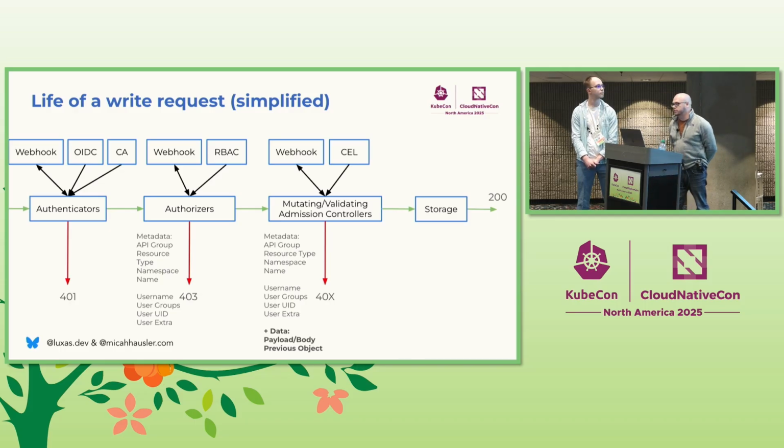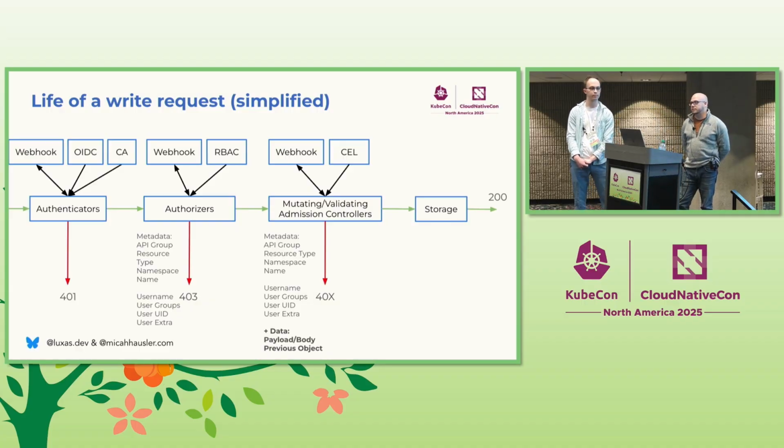And then Kubernetes also, a couple of releases ago, added CEL, the Common Expression Language engine, so that you can write CEL functions with validating admission policy and have those executed in the API server.